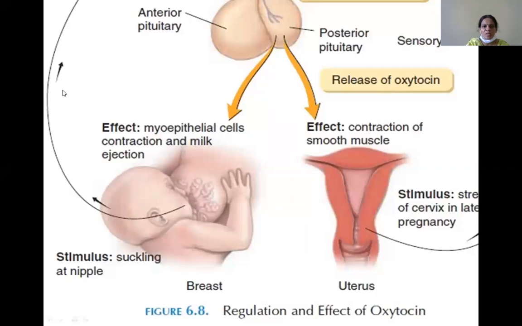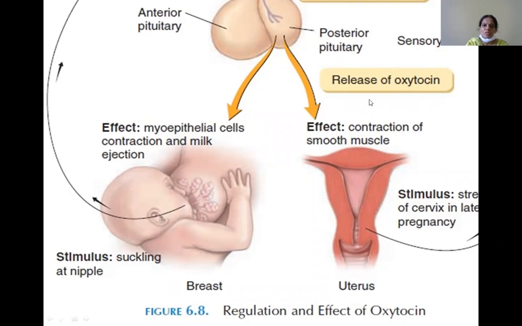Through how? Through the spinal cord, then from the spinal cord to the hypothalamus, hypothalamus to the posterior pituitary, and from the posterior pituitary, the major hormone which is being released is oxytocin.